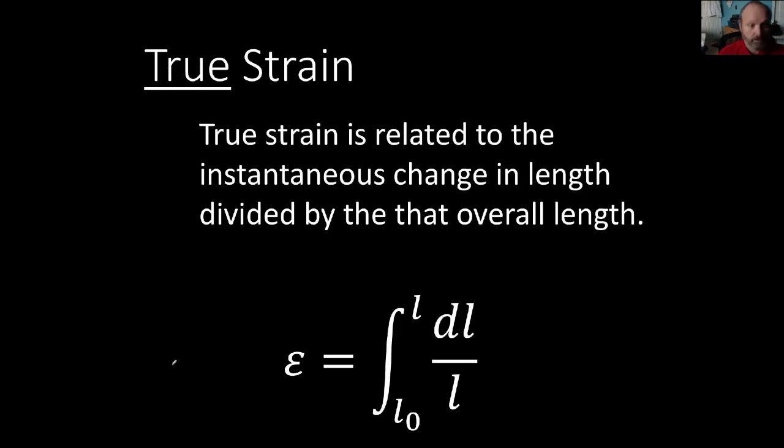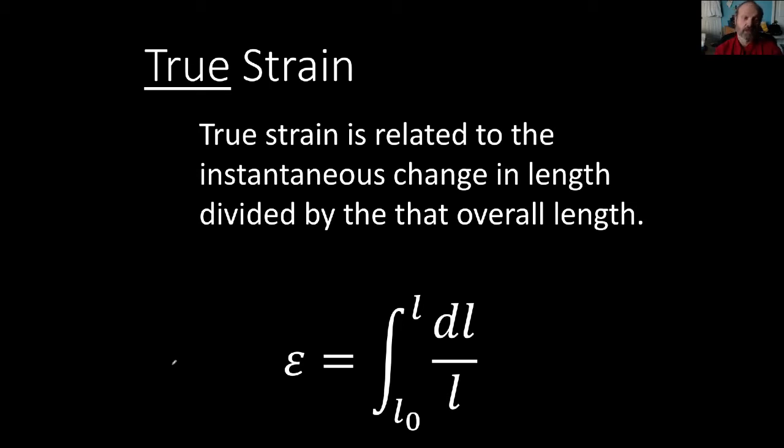Okay, so now we talked about the true stress and the instantaneous cross-sectional area. If you really want to get into being correct or exact, you have to talk about true strain. So true strain is related to the instantaneous change in the length divided by the overall length.